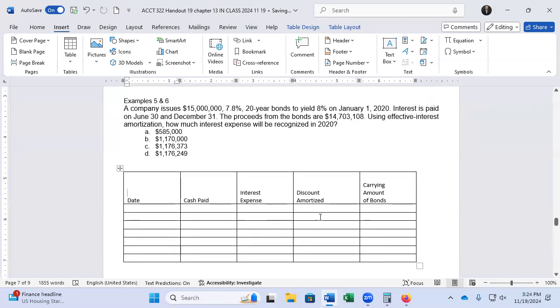Okay. Now I would like you to do the effective interest method here. So we're going to start with 14,703,108. And this is on 6/1/2020. And so on 6/30/2020, we have our cash paid, right? 585,000.